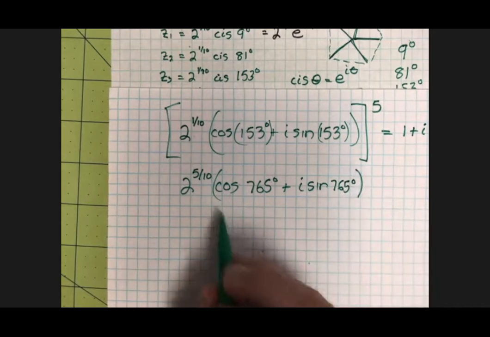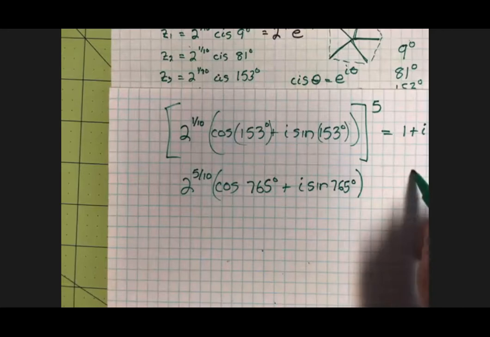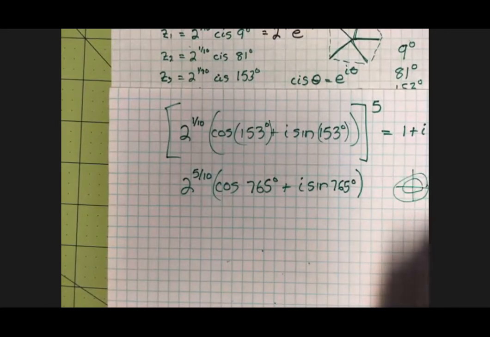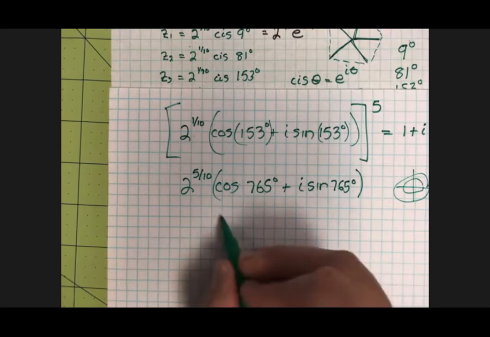But the problem with that is I got to decode 765 degrees. Well, 2 full circles is 720, so that's not so bad. 720 less than 765 is 45.